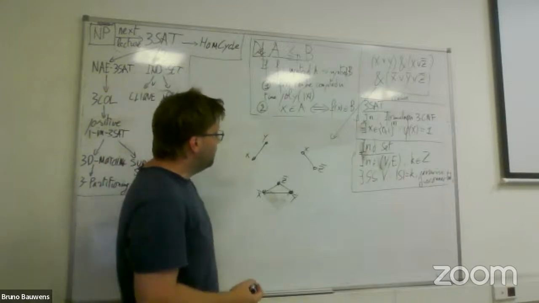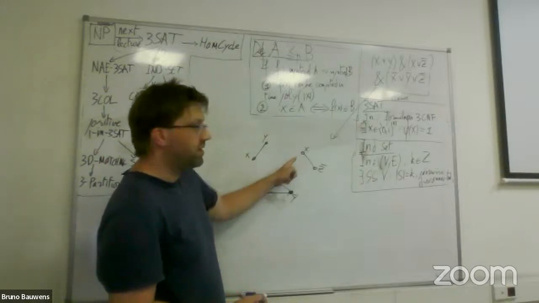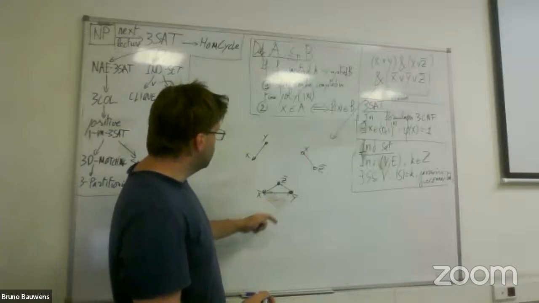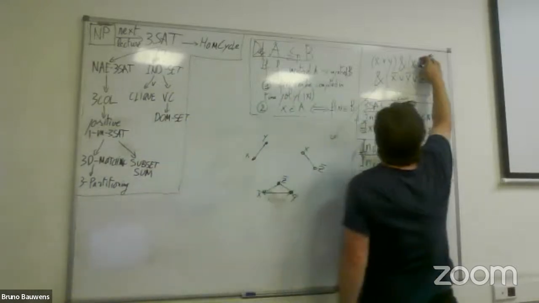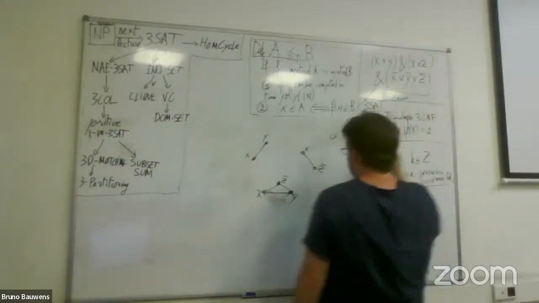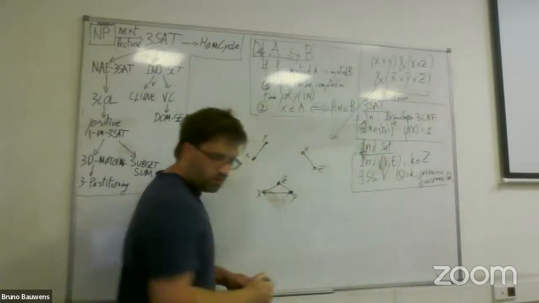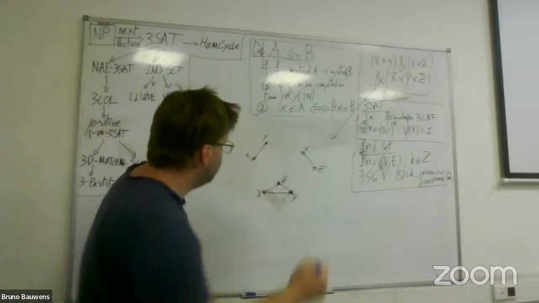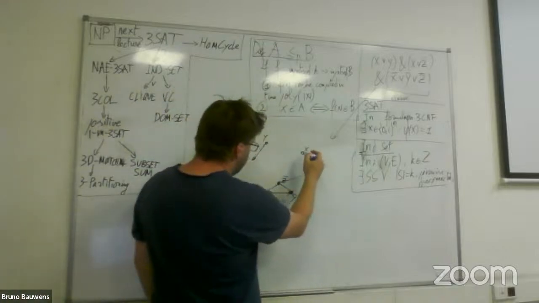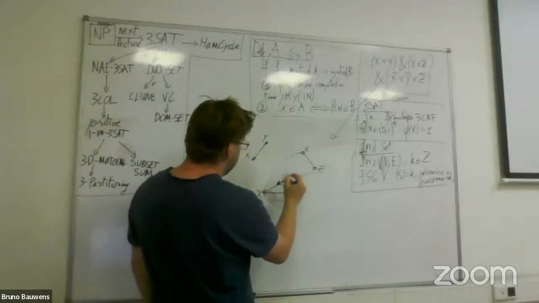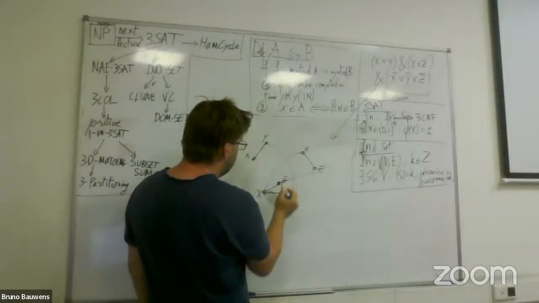Then I will draw an edge between opposite literals. So for example, here we have not z, here we have z, so I will draw an edge here. We have x and not x, so here is an edge, and not y and y.